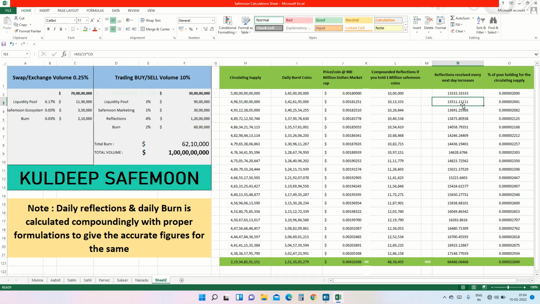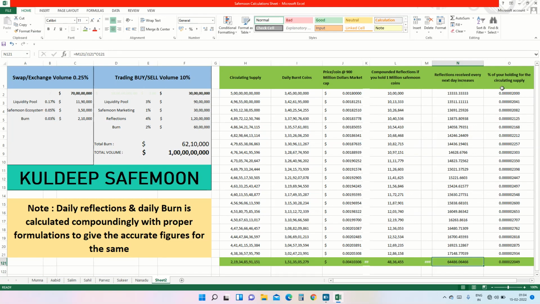That's why the reflections received every day increase. So the next day reflections you earned were 13511, and the third day 1369, and so on. It will be increasing, and the last day reflections will be 64,486 after 120 days. So in all, you ended up having 4.8 million tokens.